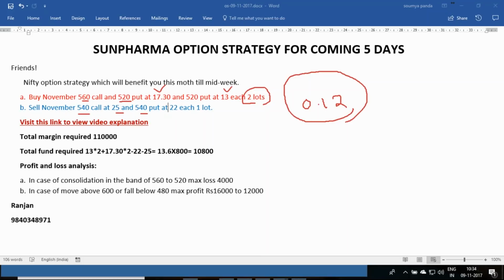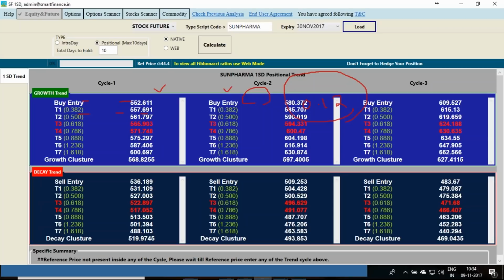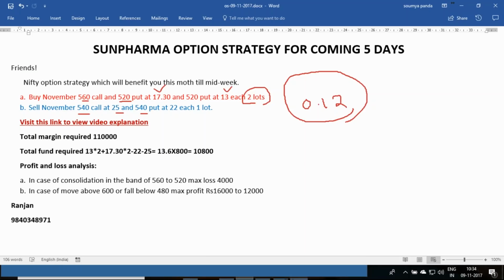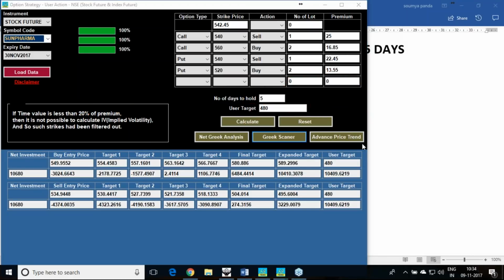Our expectation on the trend side is that post results it may move to 600 plus or 488 below. If either of these is achieved post its result outcome, how much profit and loss do we get? I am taking today, the 9th, and the 14th it has a result, so I am taking 5 days.